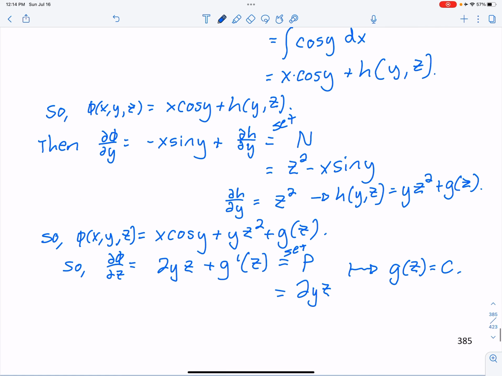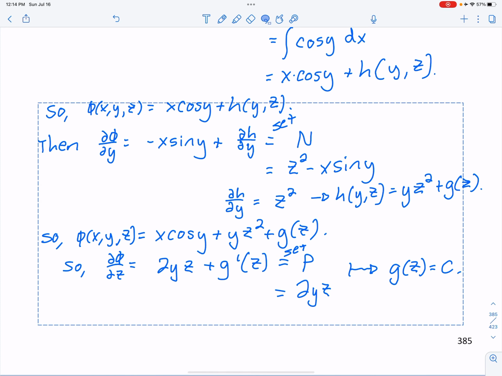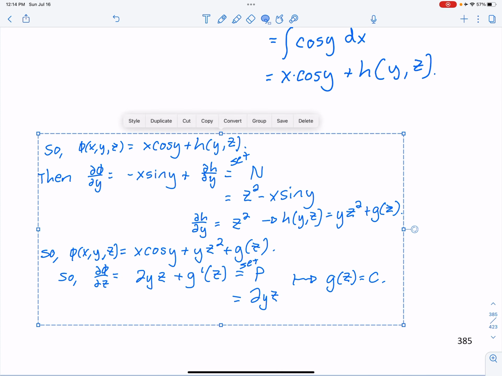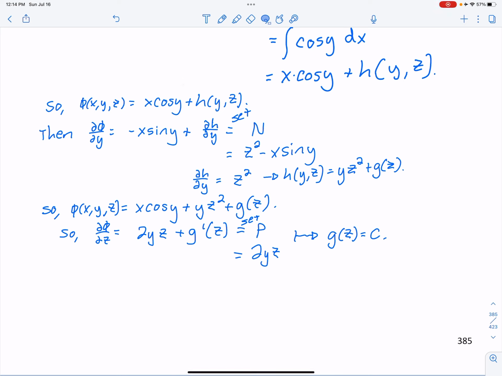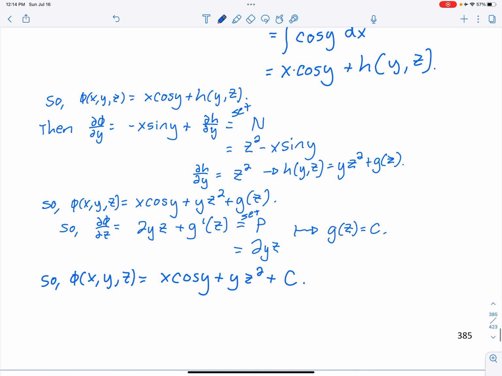All right, let me shrink this up to make a little bit of room to finish up my problem. All right, so now I have the function. So phi of x, y, z is equal to x cosine y plus y z squared plus c. And then we have the fundamental theorem since it's conservative.